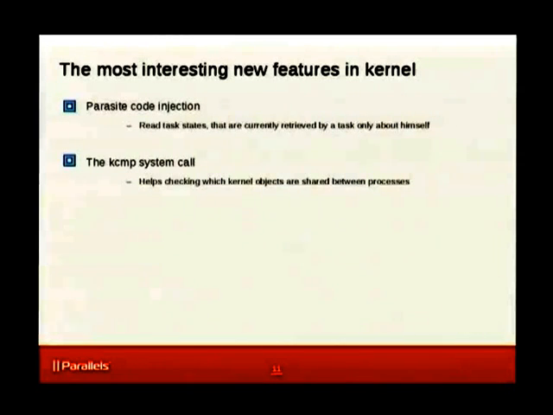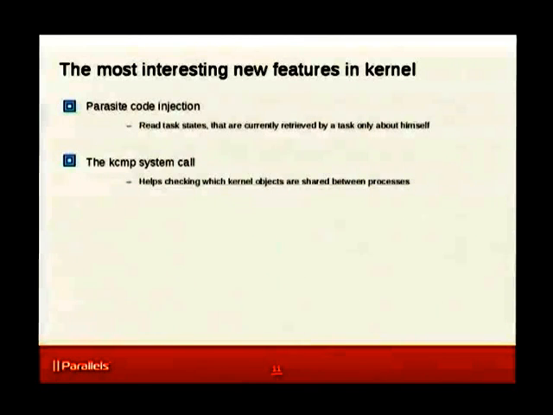It sounds pretty strange, but this system call is used by us to determine how objects are shared between the processes. What we do is we just compare processes pair by pair and sort the results, so we can see which objects and between which processes are shared.